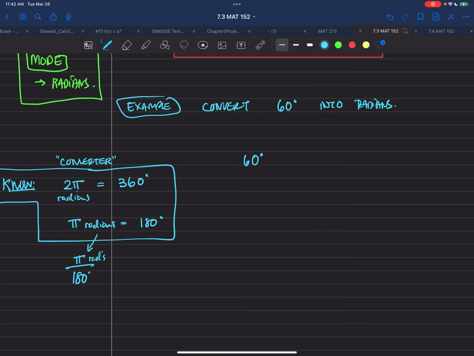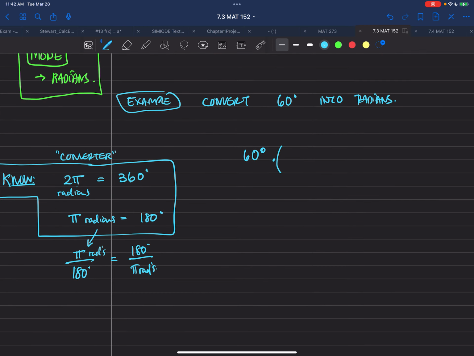Because these are the same thing. And likewise, this is the same as 180 degrees over pi radians. And so we'll note the units and use them in a clever way to get to the one that we want.